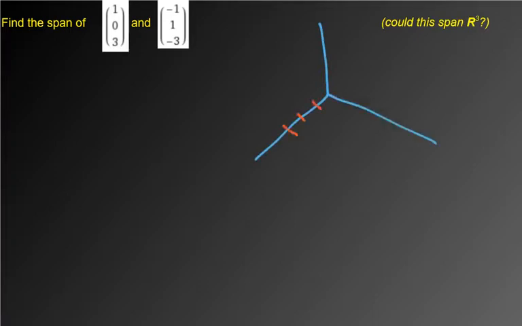So 1, 2, 3, 4, and then we'll go dotted down there, dotted over here, dotted over here, and then we'll go down a little bit. It's not going to be a perfect picture, but this vector would look like going out 1 in x, nothing in the y, and then 3 up.